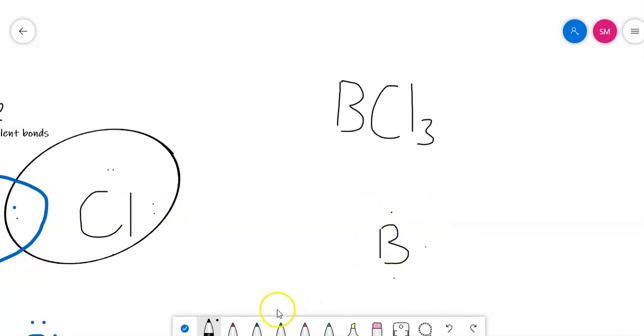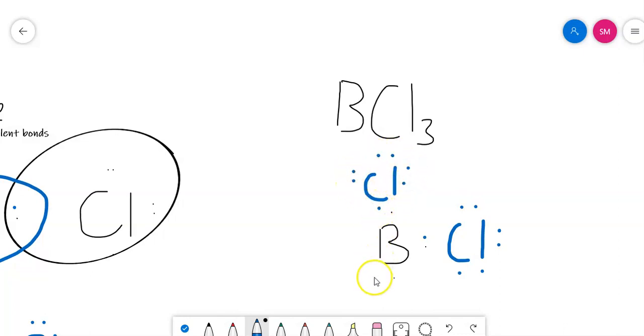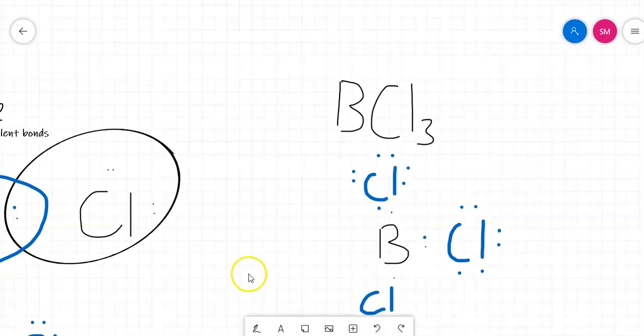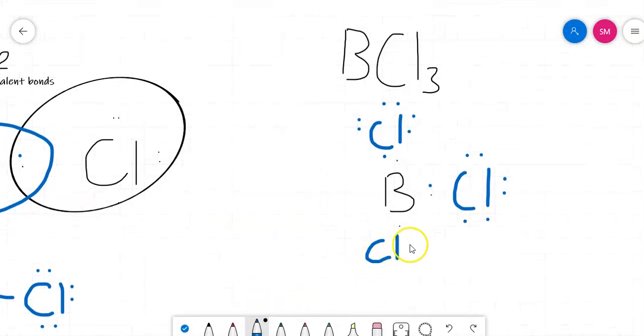Chlorine is the same. We've just looked at that before. So we'll draw each chlorine next to where the lone electron of boron is. So we'll just go like this. 1, 2, 3, 4, 5, 6, 7, and then chlorine. 1, 2, 3, 4, 5, 6, 7. So each chlorine with that lone electron is now paired up with the lone electron of boron.